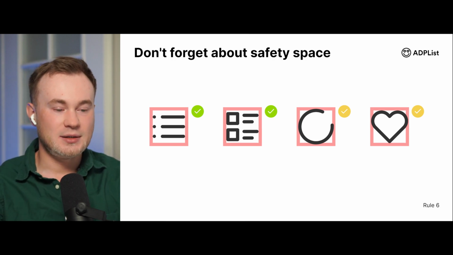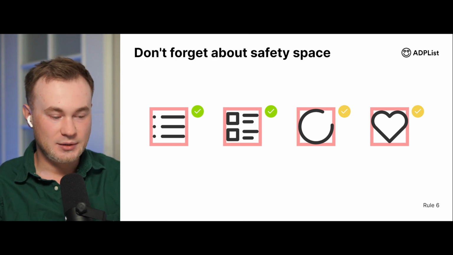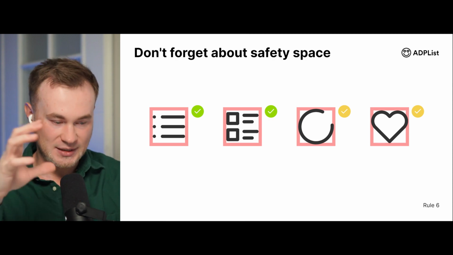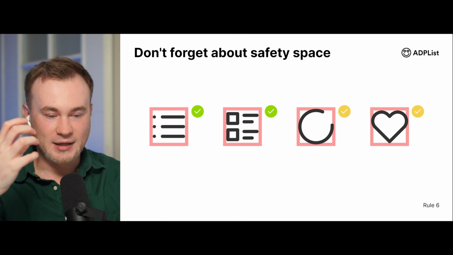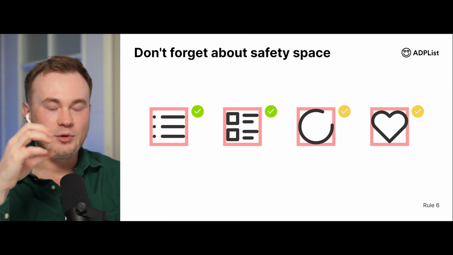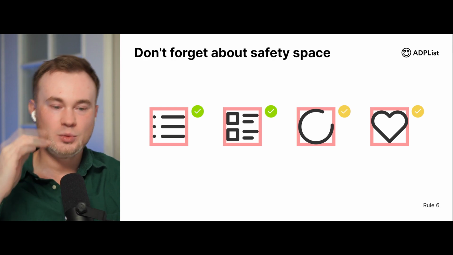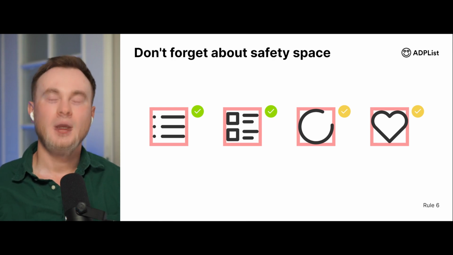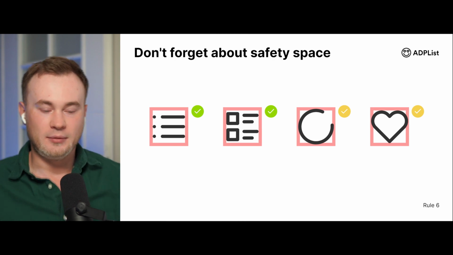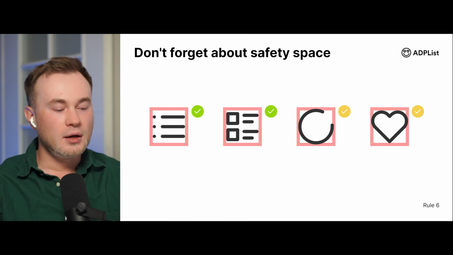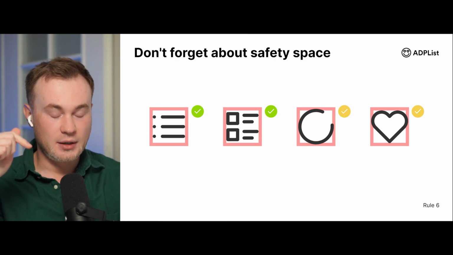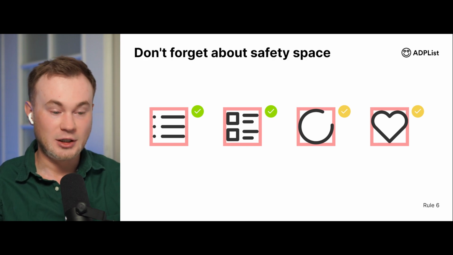That gives you a space of 20 by 20 pixels, and you can be completely free inside this space. You can draw the icons which you want, and this space allows you to keep things consistent, to reduce scenarios where you have heavy icons, because this safety area will allow you to use a little bit more air.